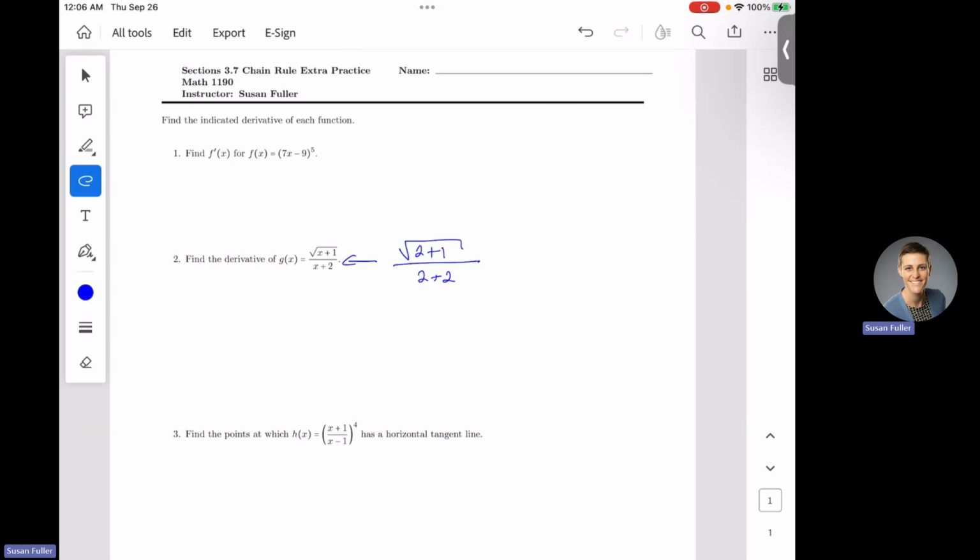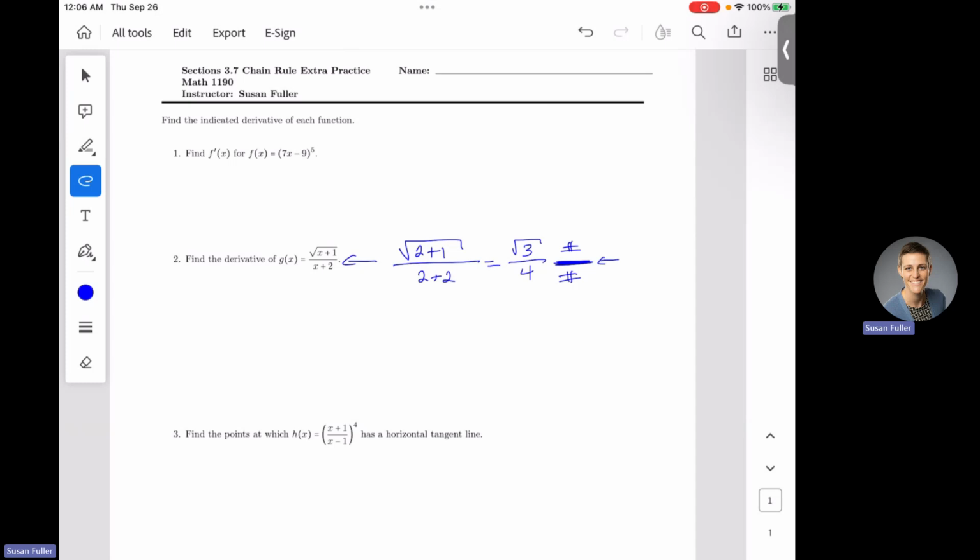So if I were evaluating this, I would add inside my square root and I would get the square root of 3. I would add on the bottom and I would get 4. I would plug the square root of 3 into my calculator to get a number up there, and I would take whatever number I had up there divided by the number that I had down here. Division is the very last operation that I would do as I evaluate this thing.